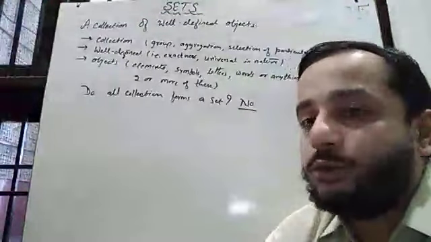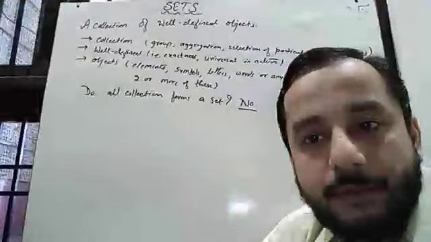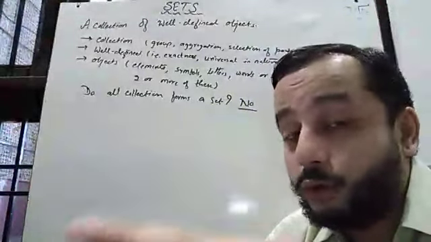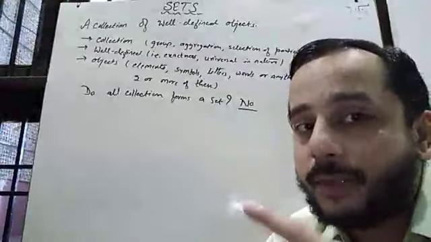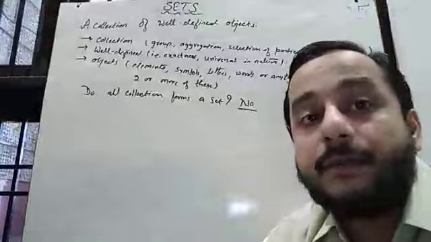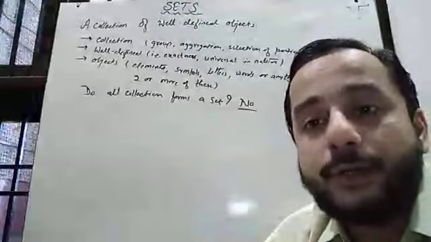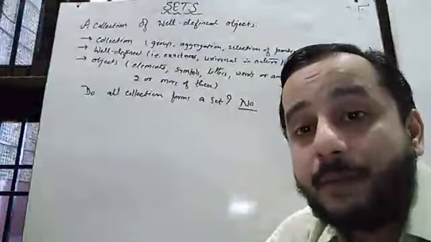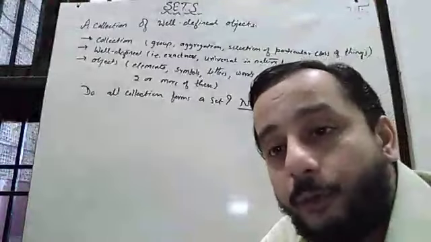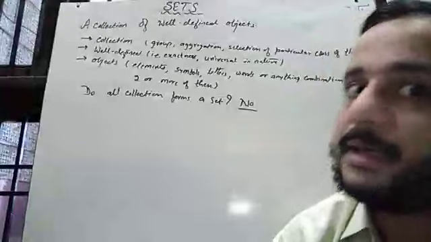But the condition should be that it is a collection, and it should be well defined. That means the element that you put in the curly bracket to form a set should follow exactly the condition, that it is a prime number. If it is a prime number, then you can put it into that set, and therefore the exactness is there, it is well defined.